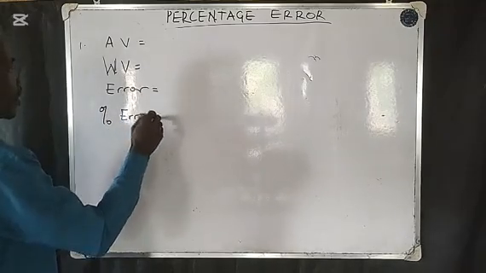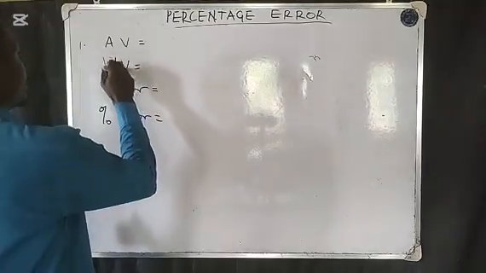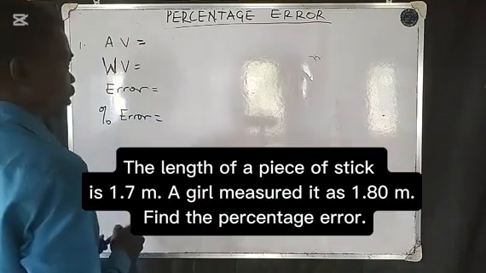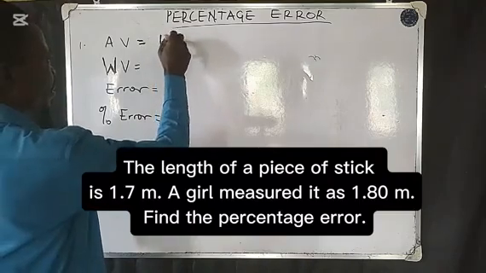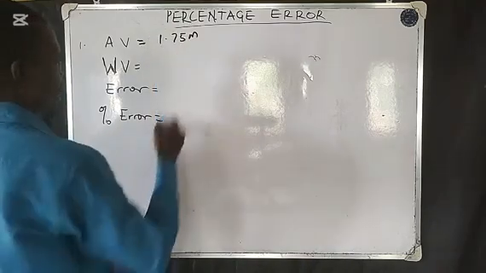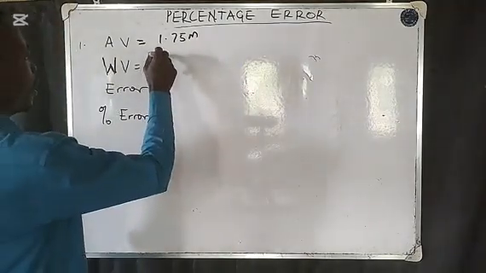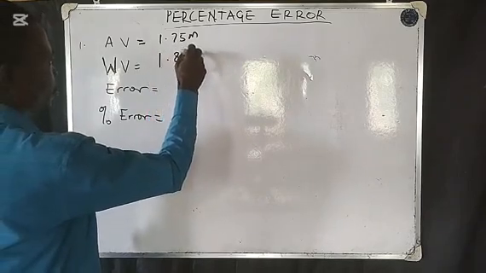So let's have it. Now, give me the first question. The length of a piece of stick is 1.75 meter. What happened? It gave me it as 1.80 meter.